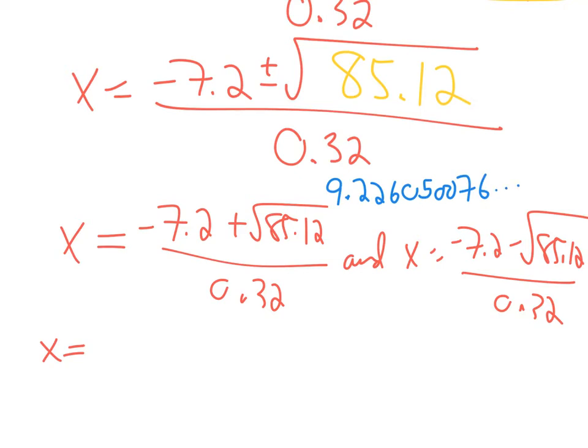It just stops because our screen ends on our calculator. So let's leave that on our calculator. Let's add that to negative 7.2, and then let's divide by 0.32, and that equals 6.3314, and it continues.